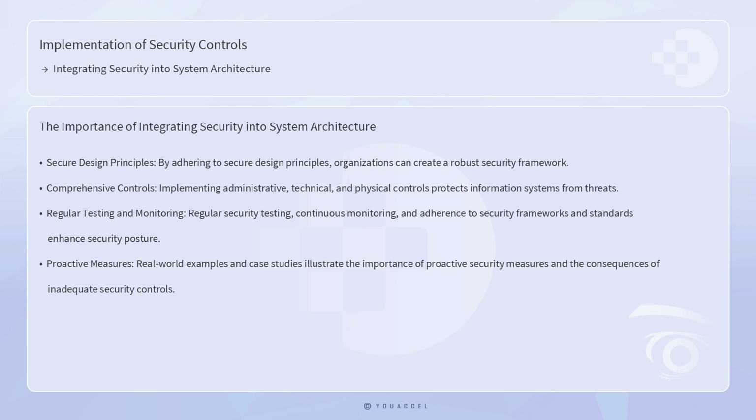Regular security testing, continuous monitoring, and adherence to security frameworks and standards further enhance the security posture of the system. Real-world examples and case studies illustrate the importance of proactive security measures and the consequences of inadequate security controls. Ultimately, a comprehensive approach to security integration ensures the confidentiality, integrity, and availability of information systems, safeguarding organizations from the ever-evolving threat landscape.